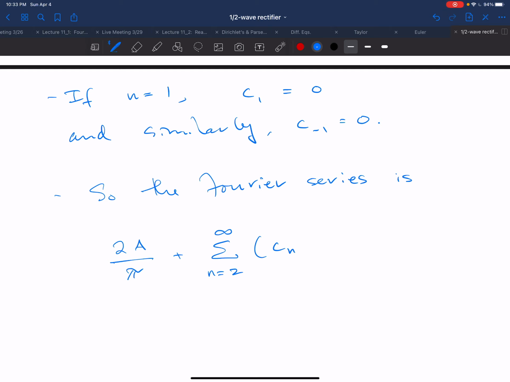Well, I'll just go straight to the final result. The details again are given in the notes. This gives you 4a over pi times 1 over n squared minus 1 cosine omega n t. And here again just summing over even values of n.